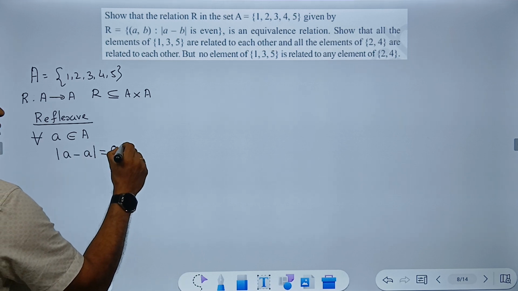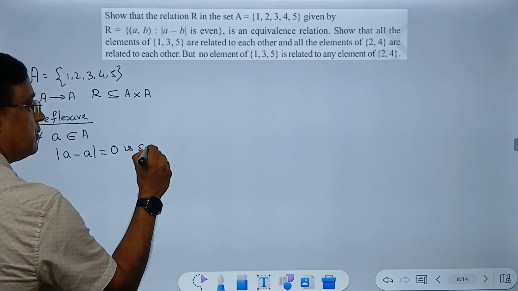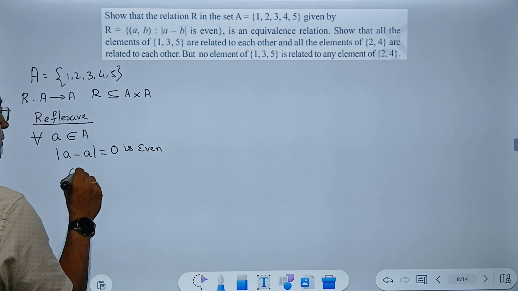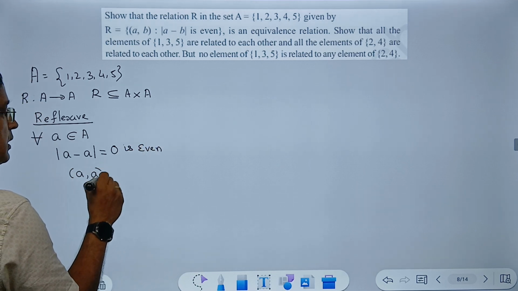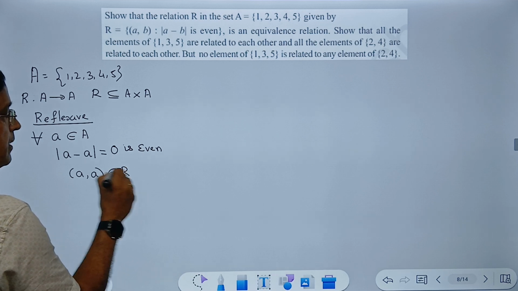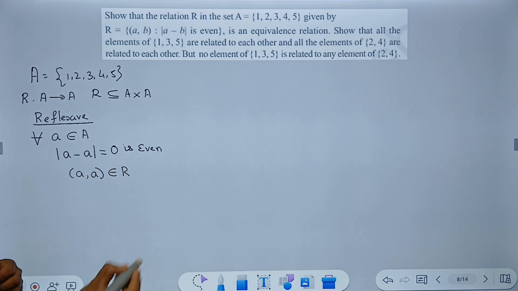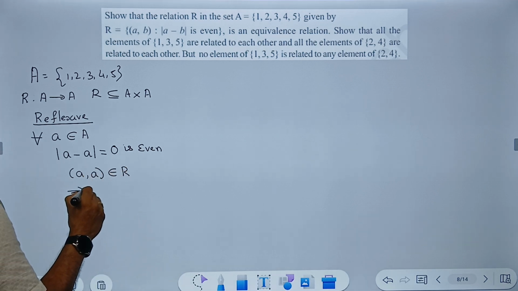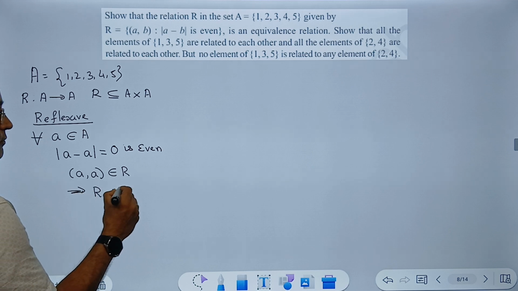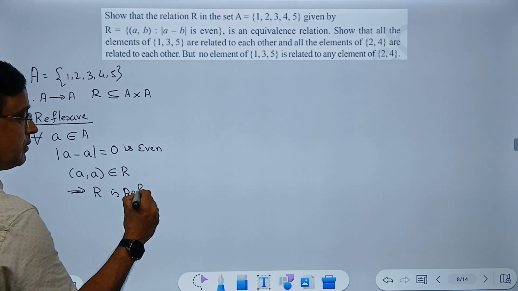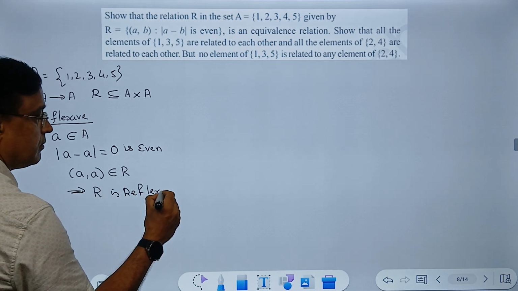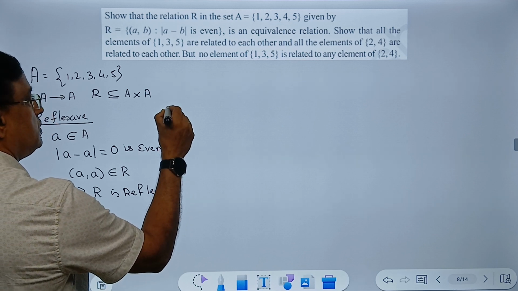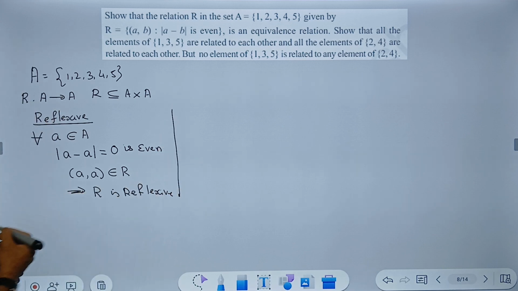So this is even. Therefore, A is related to itself. So A comma A belongs to R. This implies R is reflexive. So that concludes the first part.